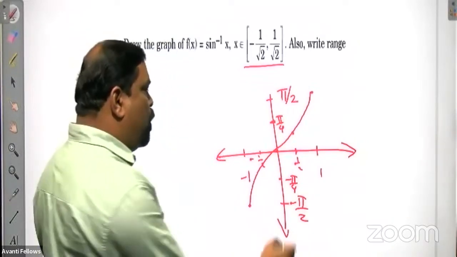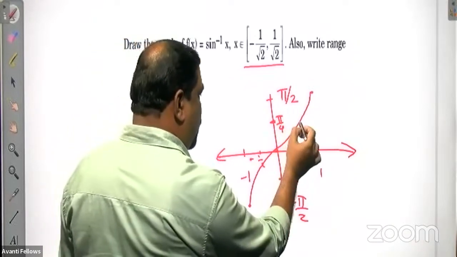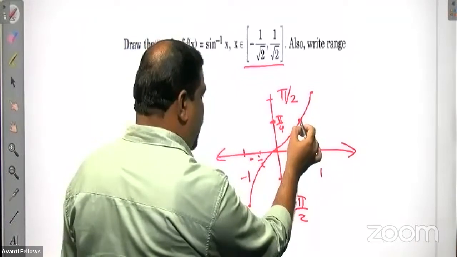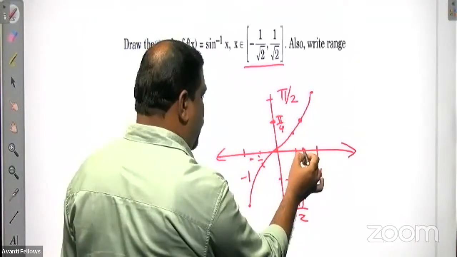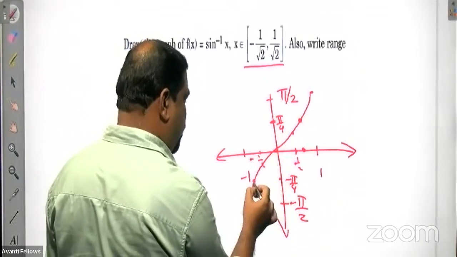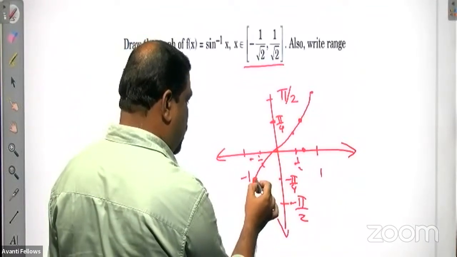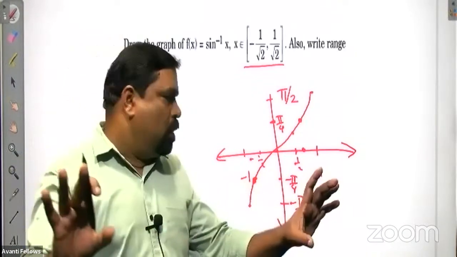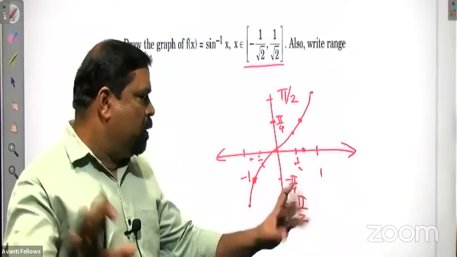So we have to consider the graph approximately from this point. This may be somewhere around 1 by √2, and here also around somewhere here. Roughly I'm just drawing; you can draw with a suitable correct scale.